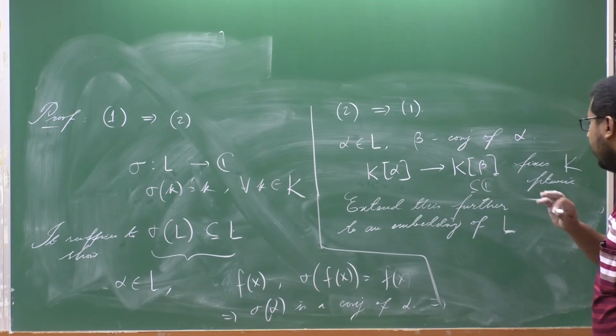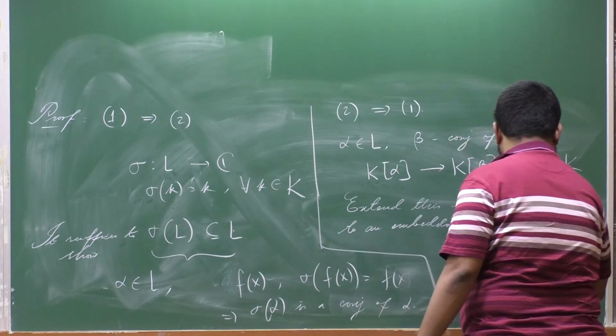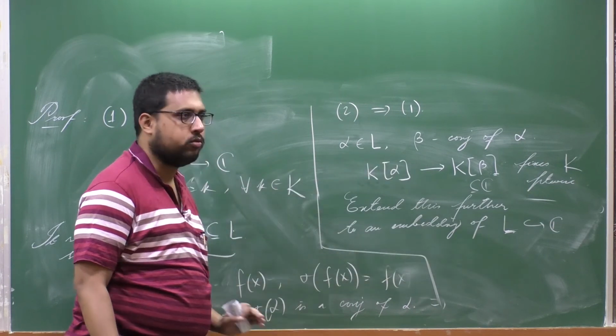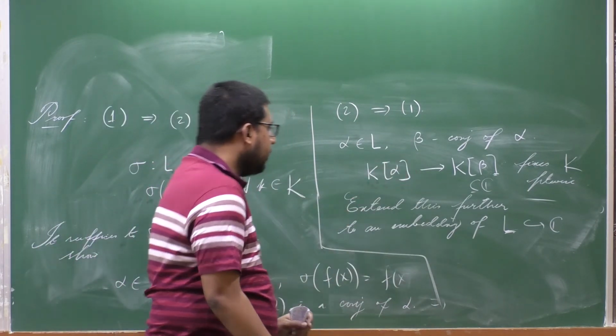It is an embedding of L into C, and this embedding sends alpha to beta, which is a conjugate.